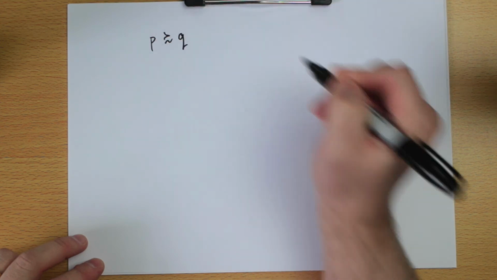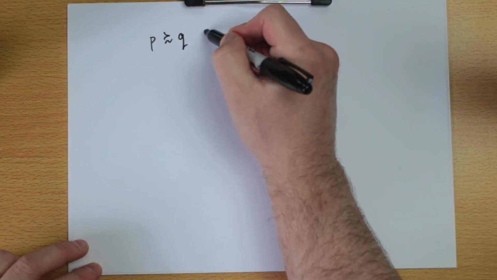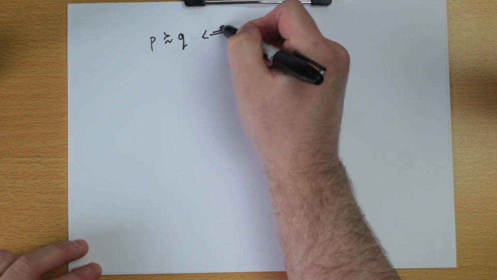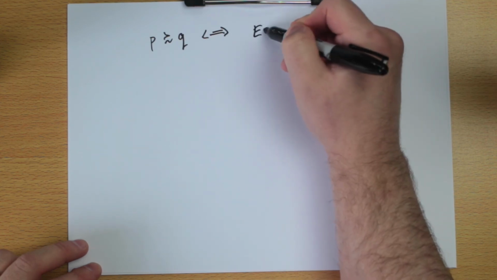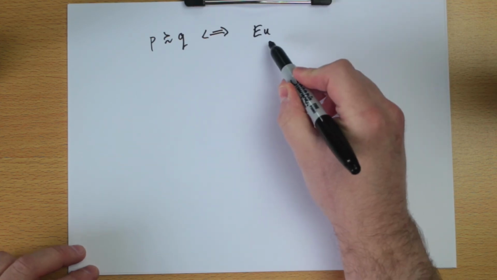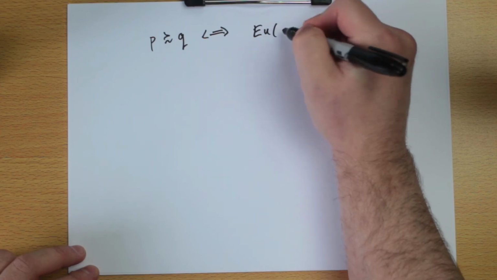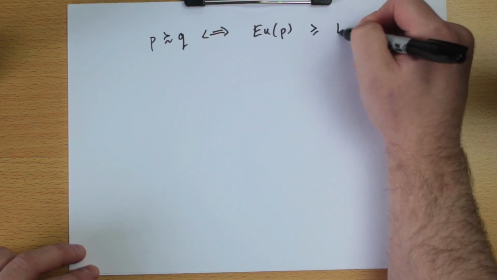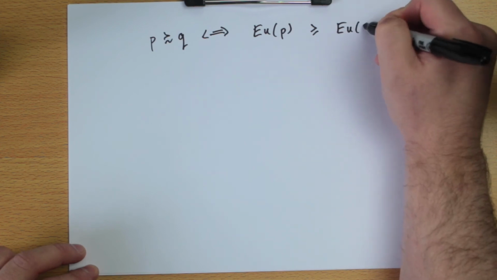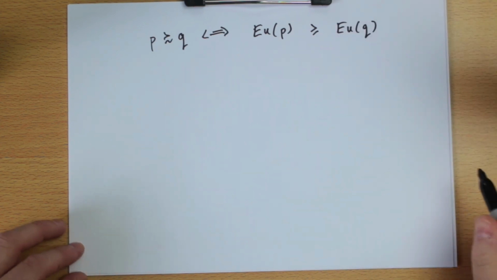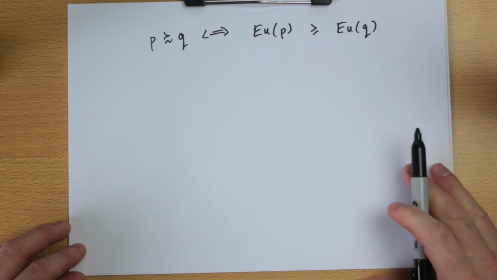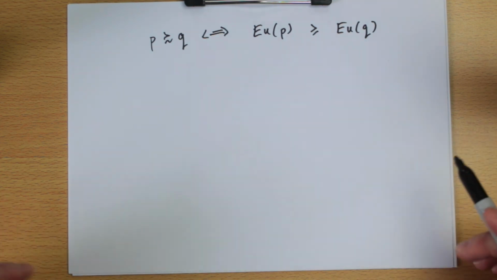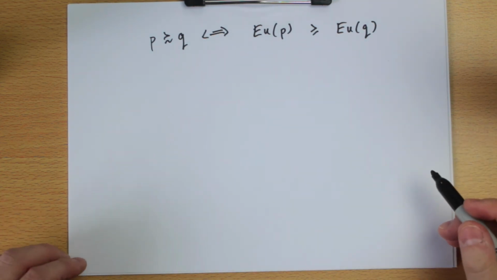So the lottery P is preferred to Q if and only if the expected utility using the von Neumann-Morgenstern function u of P is greater than or equal to the expected utility of Q. Okay? So that's what expected utility maximization or an expected utility representation means.